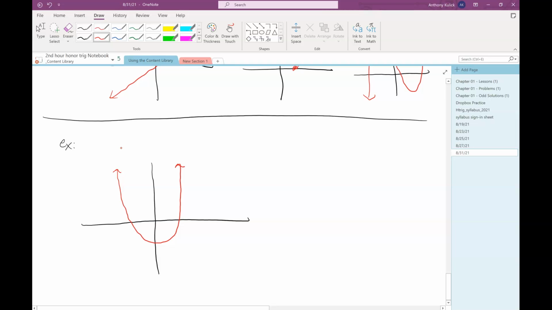I think the easiest way to do this is to identify a couple of points on this graph. So let's say this one, let's estimate this maybe is 0, 2. And maybe we estimate this one as 3, 0. And then maybe this one is 4, 4.